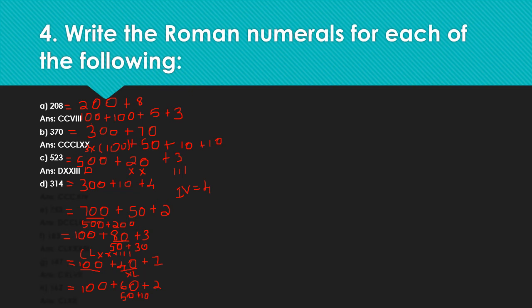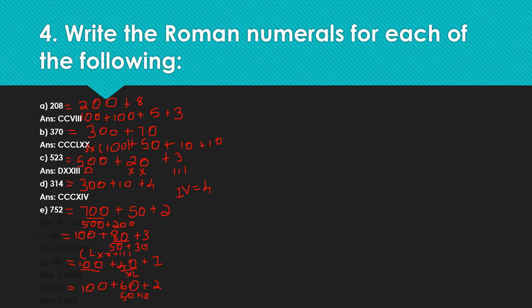Then X, then 4 you can write as IV. So you know the value for V, that is 5. Then when you subtract 1 from this number, you will get 4. CCCXIV.